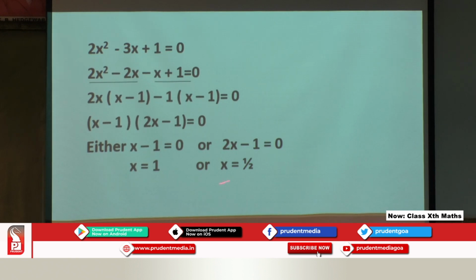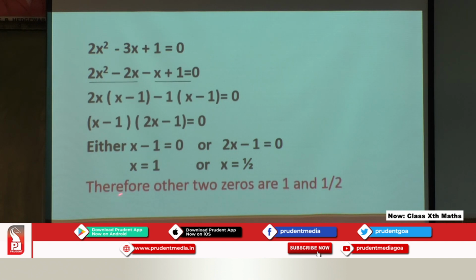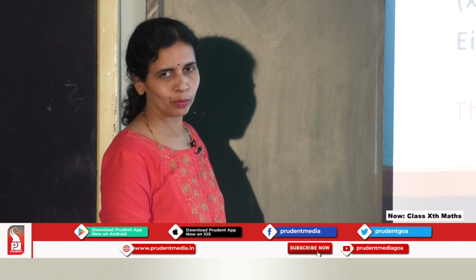In this question we have to find the other two zeros, so finally x is equal to 1 and x is equal to half. Therefore, the other two zeros are 1 and 1 upon 2.